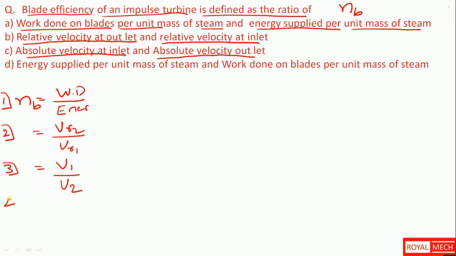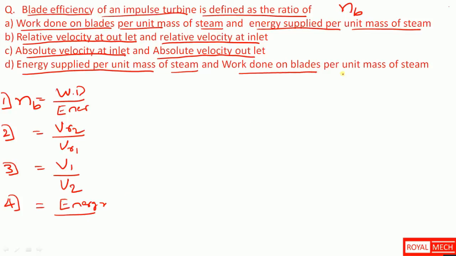And fourth option, D, is energy supplied per unit mass of steam to the work done on blades per unit mass of steam, energy divided by work done.